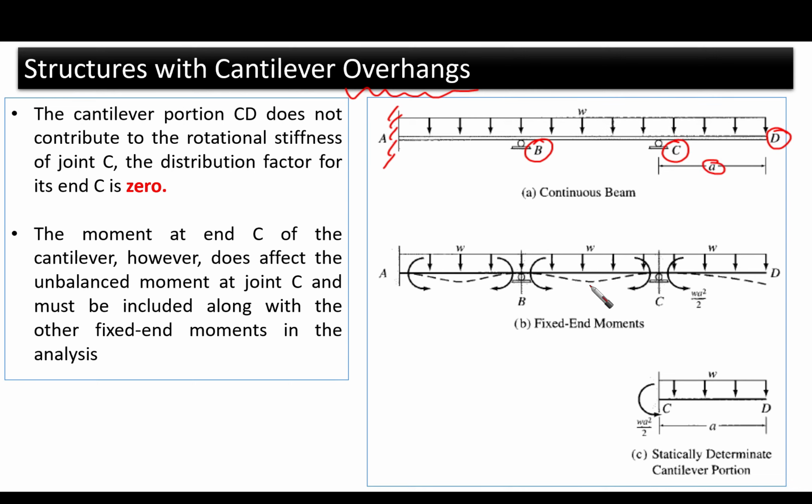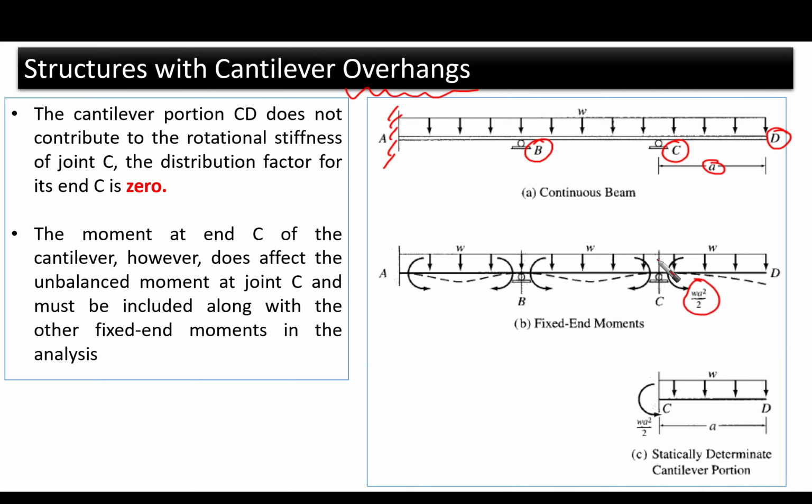So whenever we are talking about this, the fixed end moments that we are going to have for all the spans, we know it is going to be based on the distributed load in AB and BC, but here at CD, we are going to put the magnitude of the moment due to the distributed load. That's it.